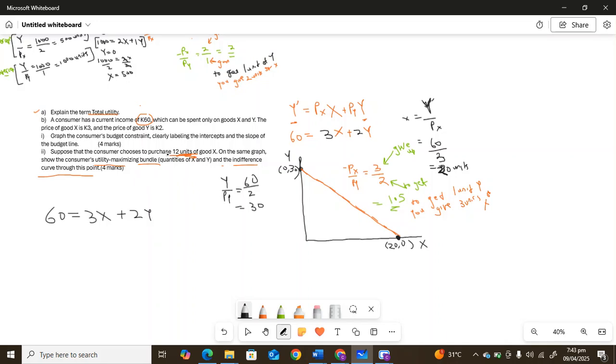We've been told the consumer gets 12 units of good X. Three times 12, that is 36.